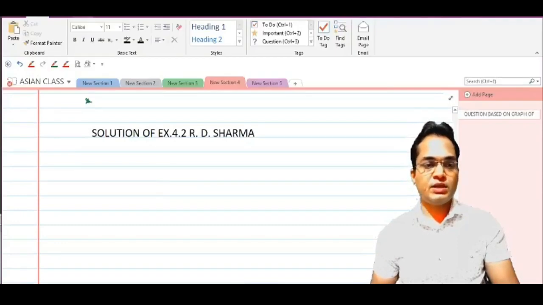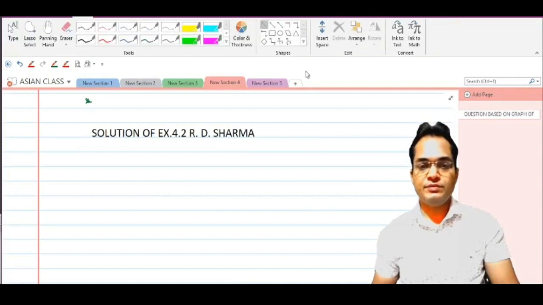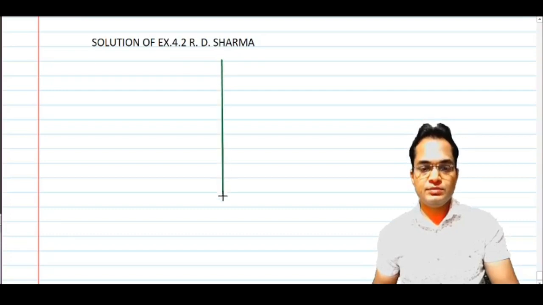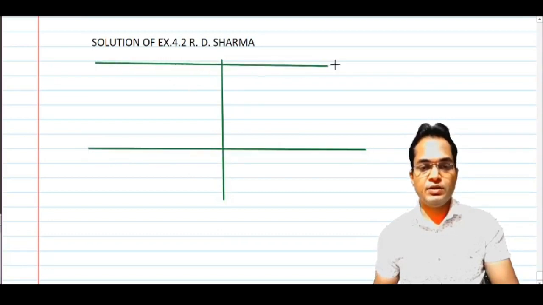The graph of cos inverse x, you can understand the graph, then you have to solve these questions. Okay, let this be the y-axis and here is the x-axis, and you can see here is a line of 0 comma pi.